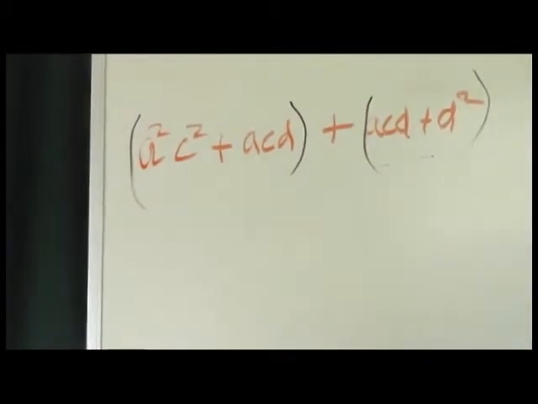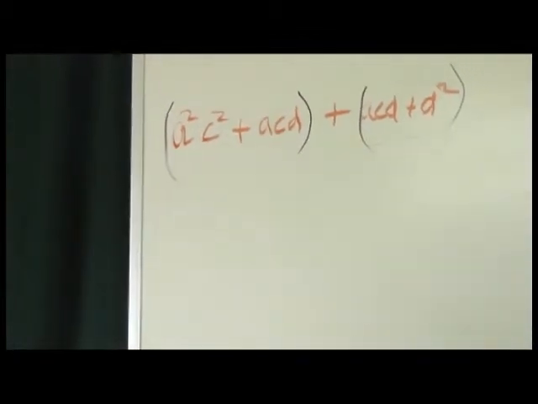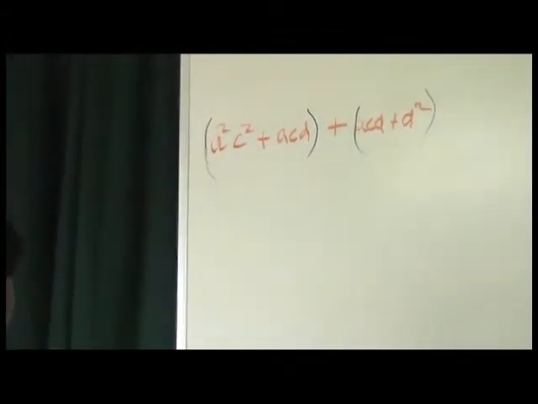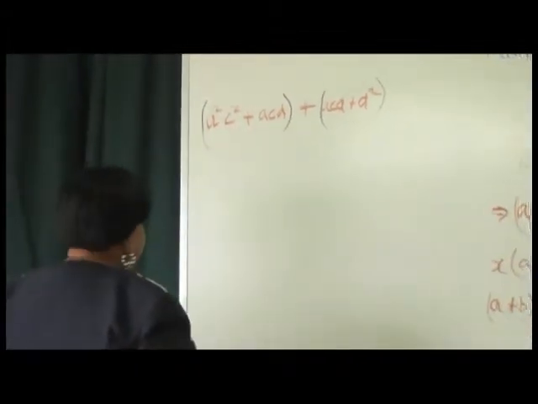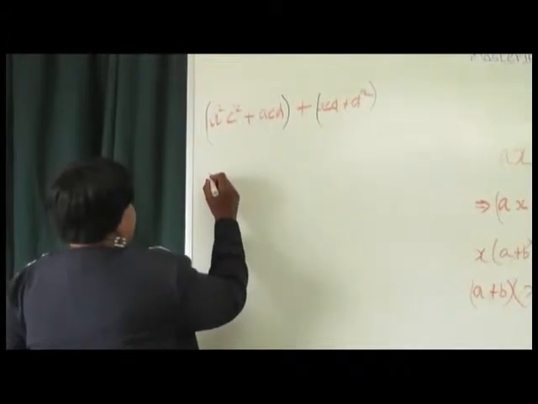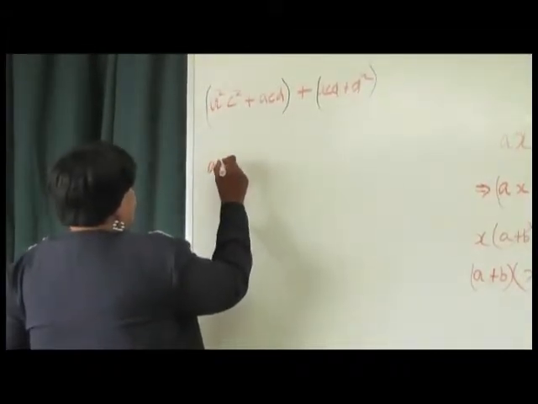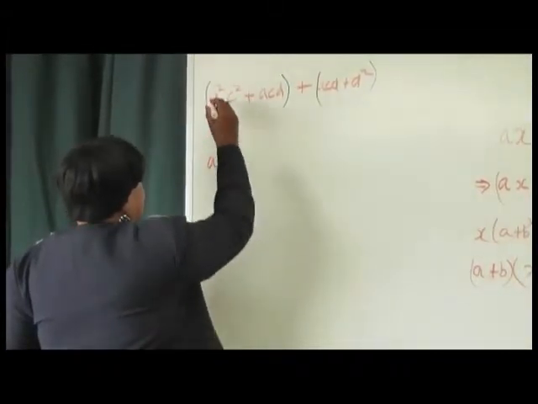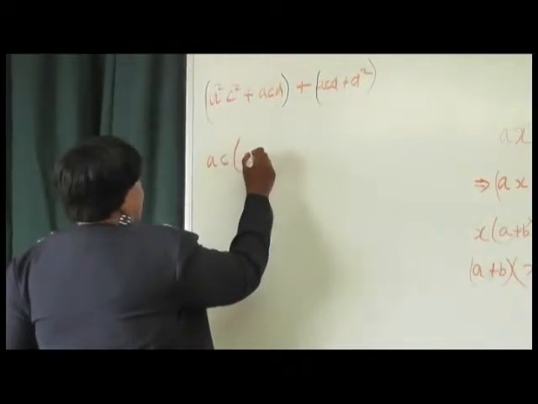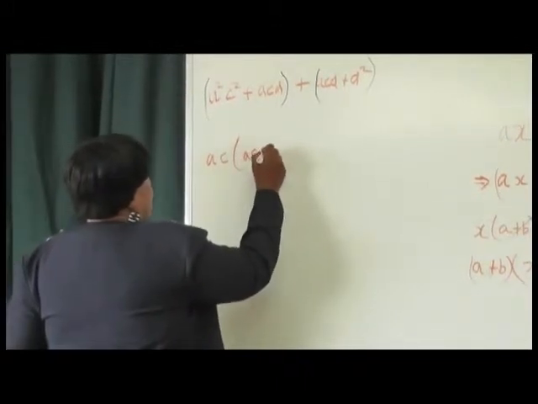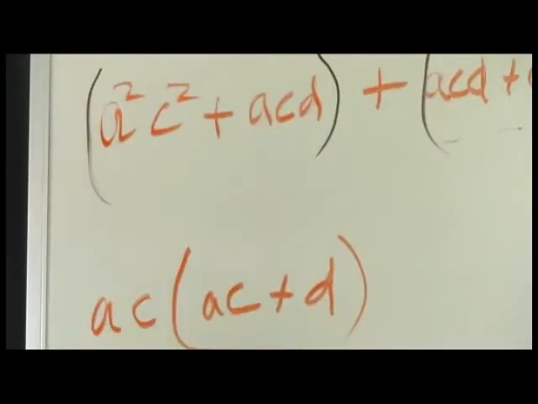And then we can take out, what can we take out from our first bracket? Yes, we can take out AC. Taking out AC, inside here we'll be left with one of the A's, one of the C's, and plus D. Just look again and see.